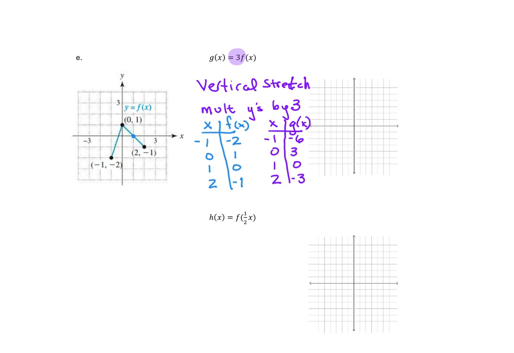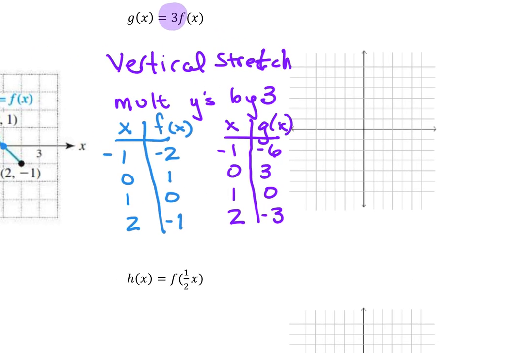If we go ahead and plot these now, we have -1, -6. We have 0, 3. We still have our 1, 0. And we have 2, -3. And I misplotted one. It did not quite look right. All right, we need to go up one more.